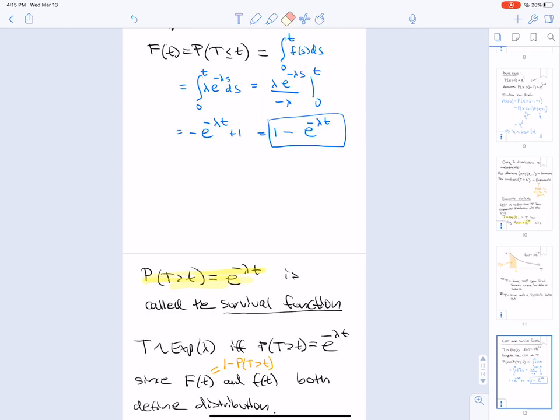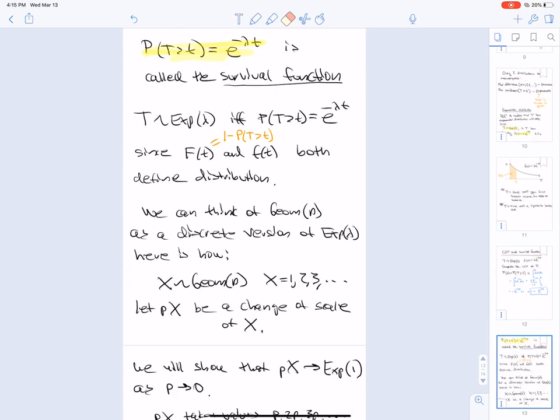So that's a decreasing exponential, unfortunately. Now we see that T being exponential(lambda) is true if and only if the survival function is e to the minus lambda t. So this is a characterization of the exponential that we'll use often.